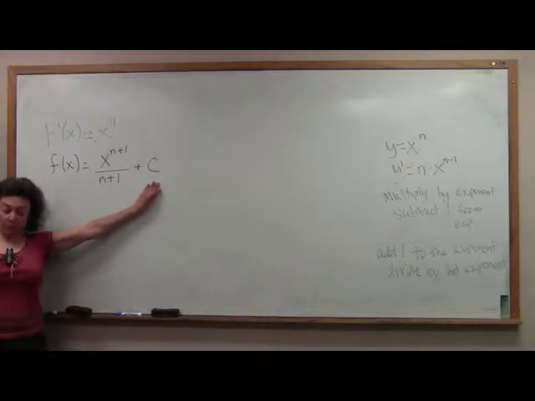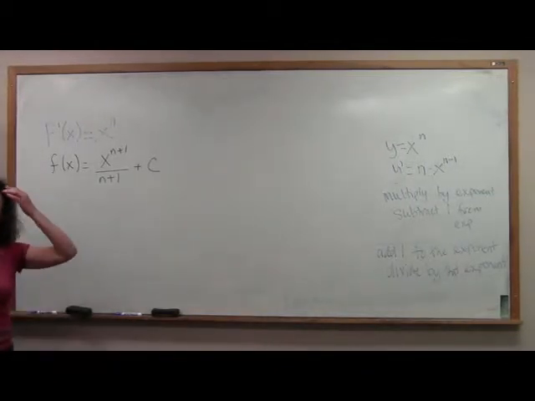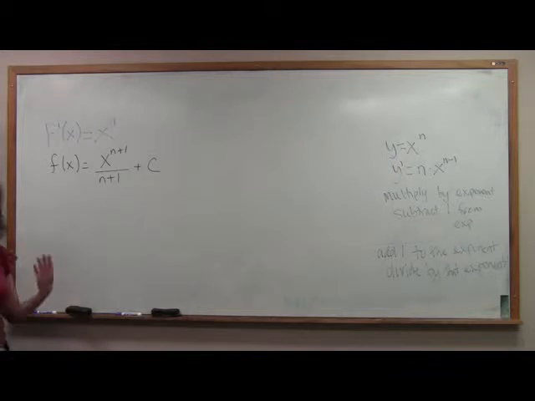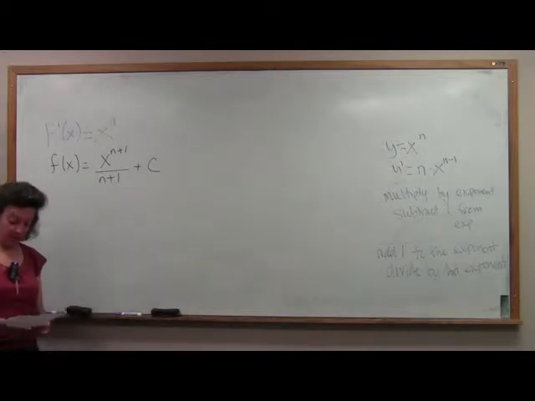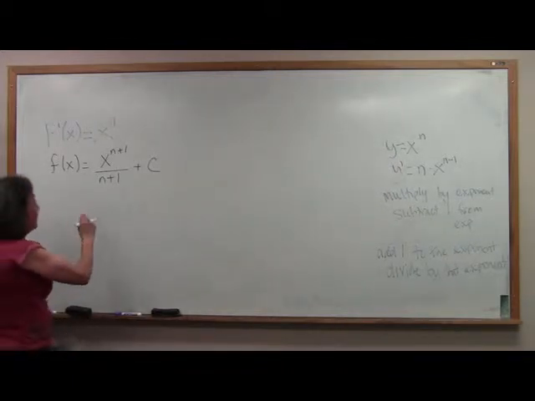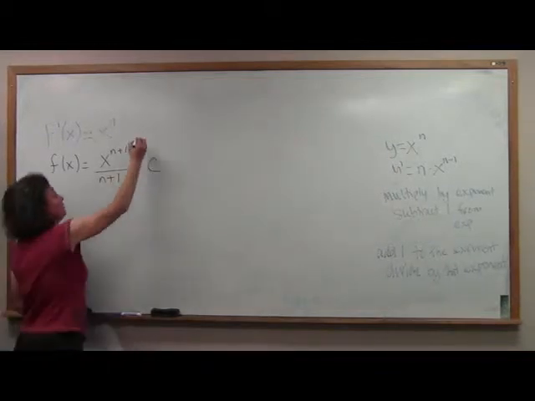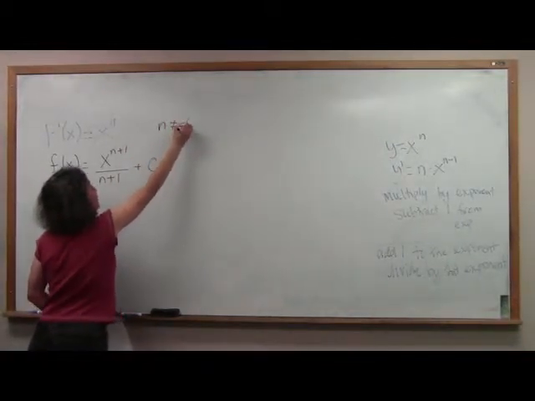And you also want to put plus a constant, because remember, what we're doing is we're getting back to our original function within that constant. Now, I claim that this rule works, but not when n is -1.